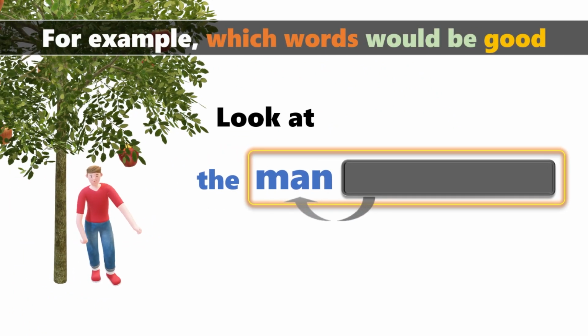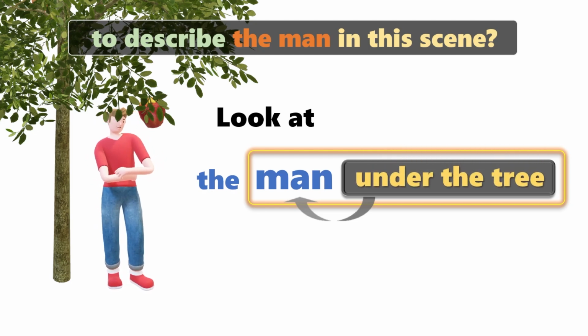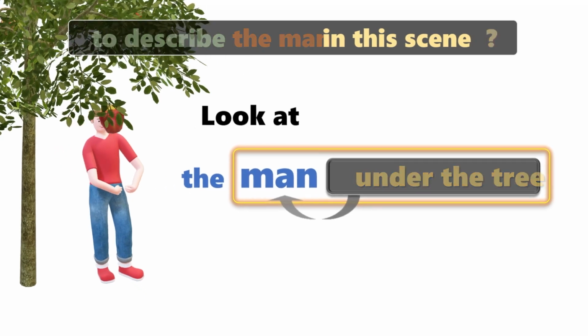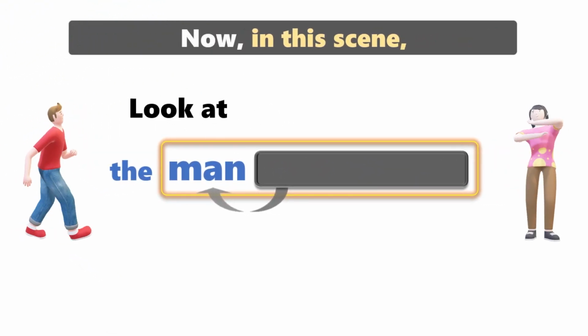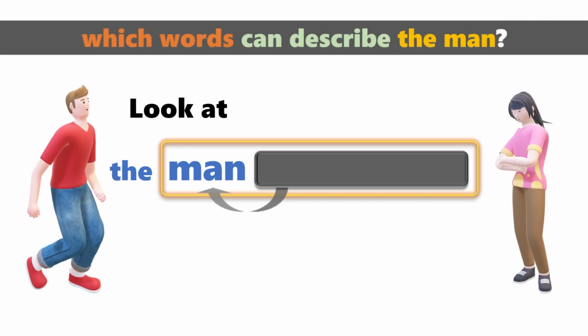For example, which words would be good to describe the man in this scene? Yes, you can say, look at the man under the tree. Now, in the scene, which words can describe the man?